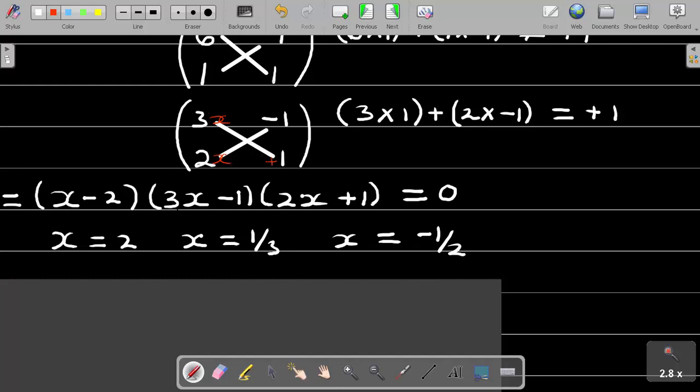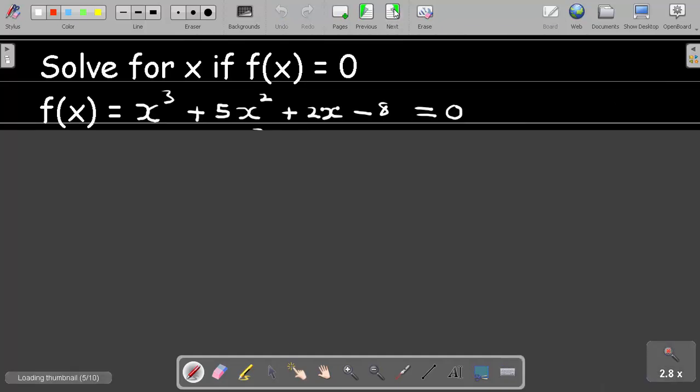That's why I have here 3x minus 1 into 2x plus 1, with the other factor, which was x minus 2. After equating to 0, like I'm commanded to do, I can set my answer to be x equals 2 because of this here, and x equals 1 over 3 from here. Also here x equals negative 1 over 2 from here. Another example. Hope we are together. Let's proceed.